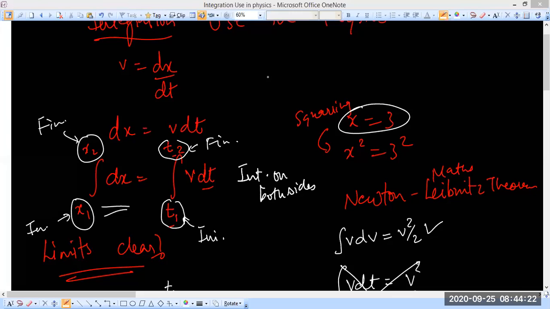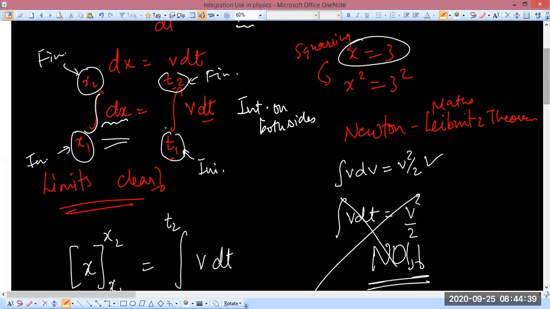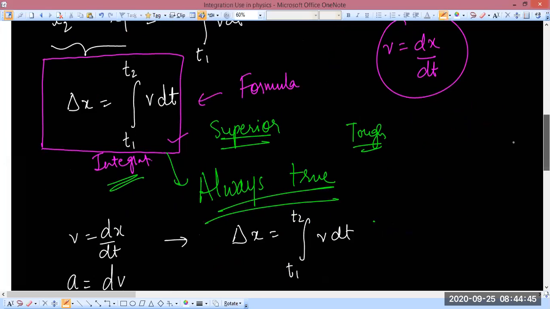It is v into dt. Don't forget, v into dt is giving us small displacement. So integration of small displacement means addition of all the small displacements gives us total displacement. I hope that is clear.